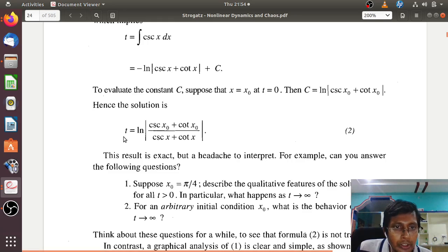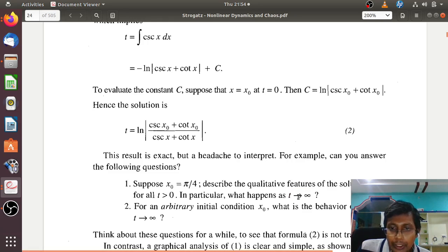If I give x and ask what t is for that particular x, I could identify that time. But here they have asked for the inverse relation, right? So how can I solve this one, particularly this one?